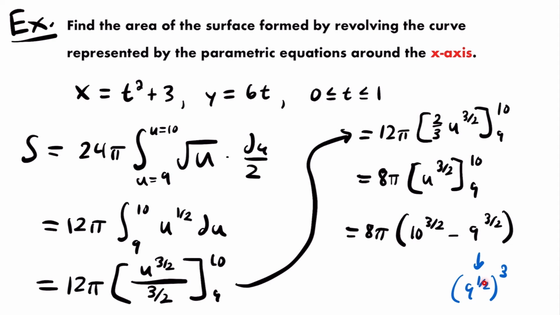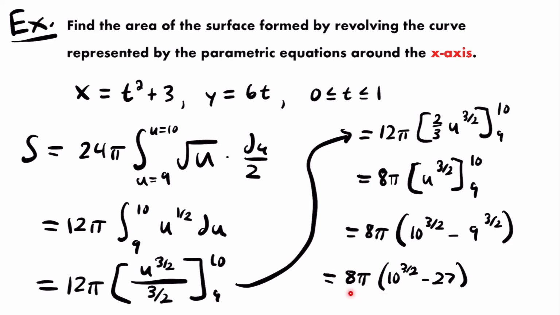When you have a value raised to an exponent and that's raised to an exponent, you can simplify by multiplying those exponents. So 1/2 times 3 is 3/2. So this is the same thing. And 9 to the 1/2 power, or the square root of 9, is 3. And so we have 3 cubed, and 3 cubed is 27. And so this is equal to 8 pi times 10 to the 3/2 power minus 27.